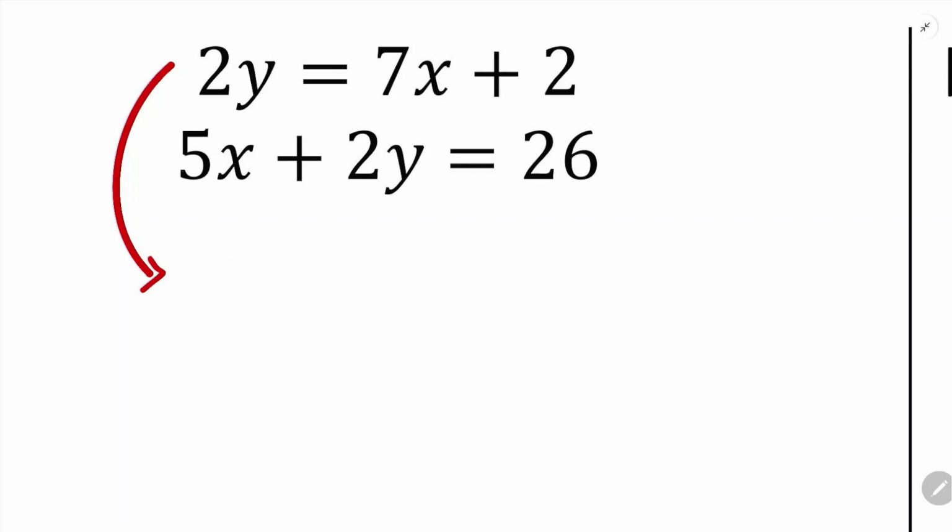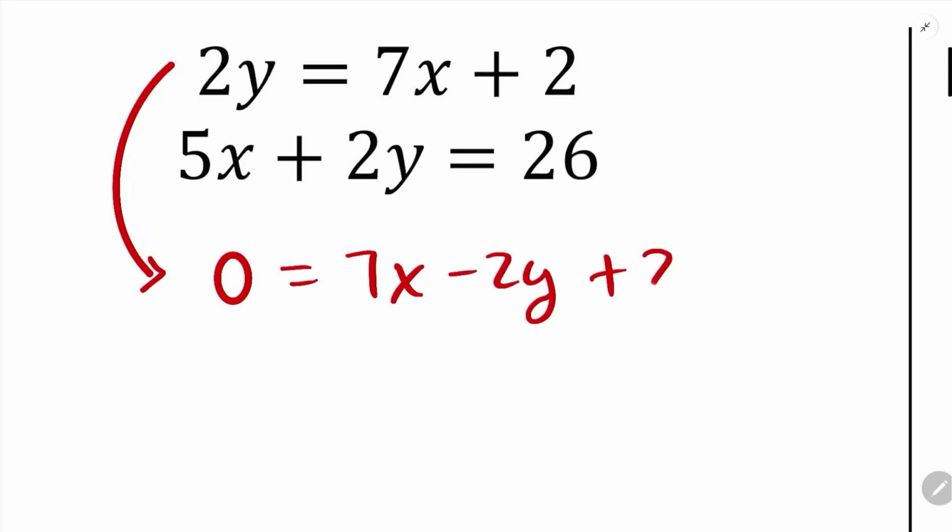If I did that, this side would become 0, and then over here I would have 7x minus 2y, and then plus 2. And I would probably take this another step and subtract 2 from both sides, so I can get that negative 2 is equal to 7x minus 2y.